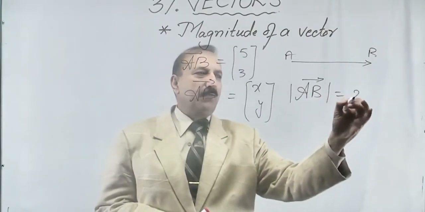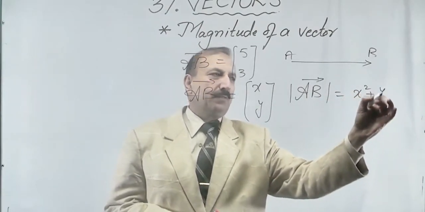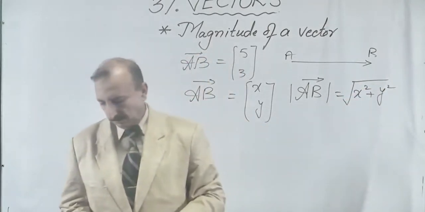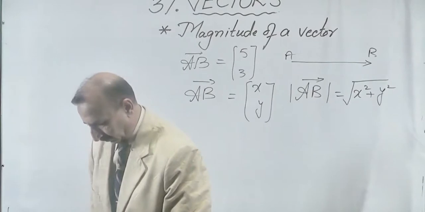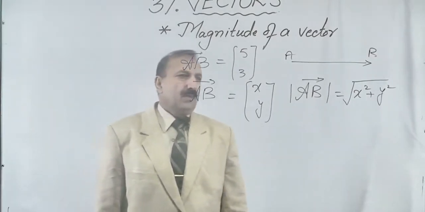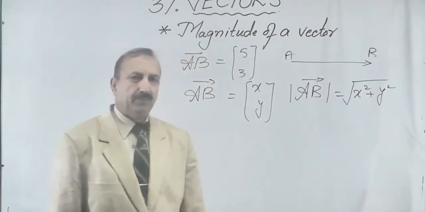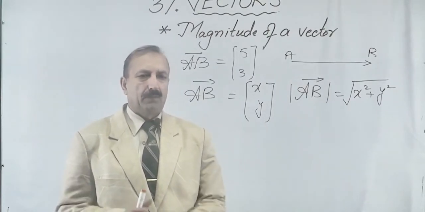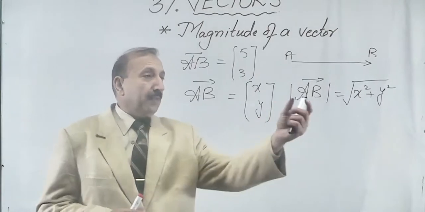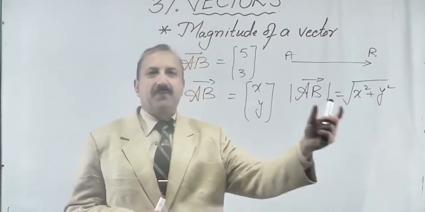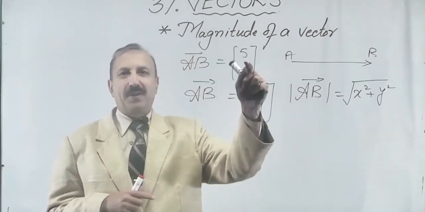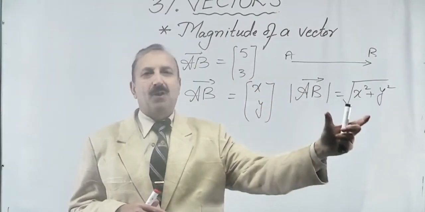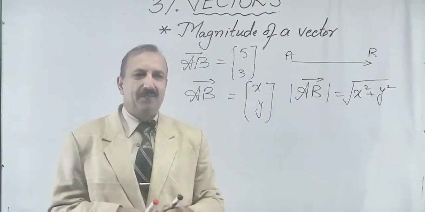And this will be equal to the square root of x square plus y square. So this formula will help us all the time. Whenever we need to find the magnitude of any vector, we will put the components of x and y in this formula and we will get the magnitude of the vector.